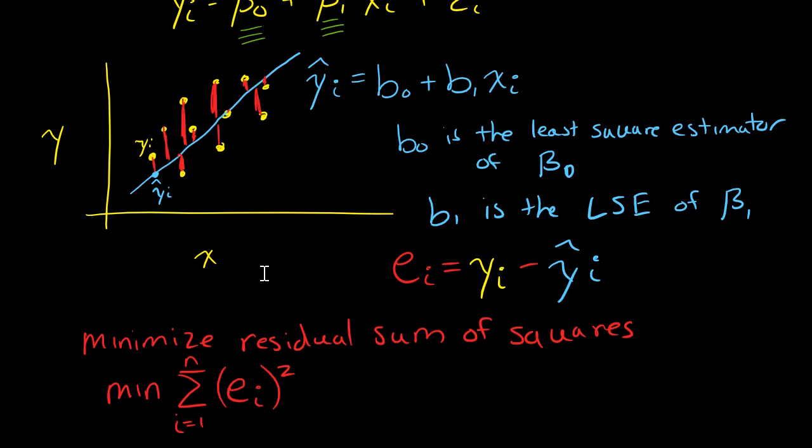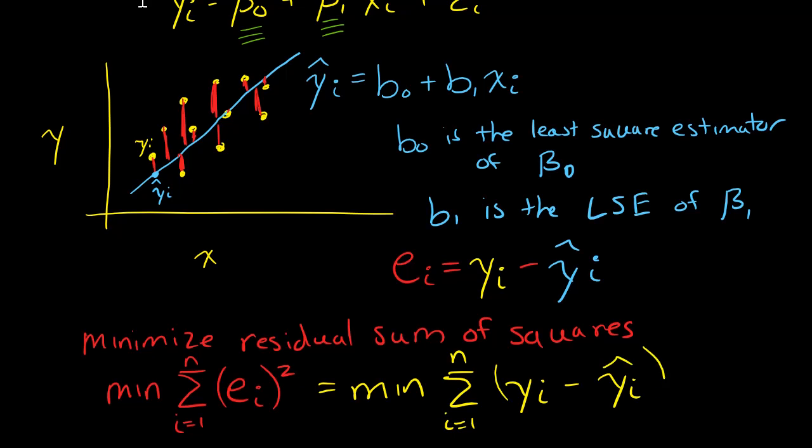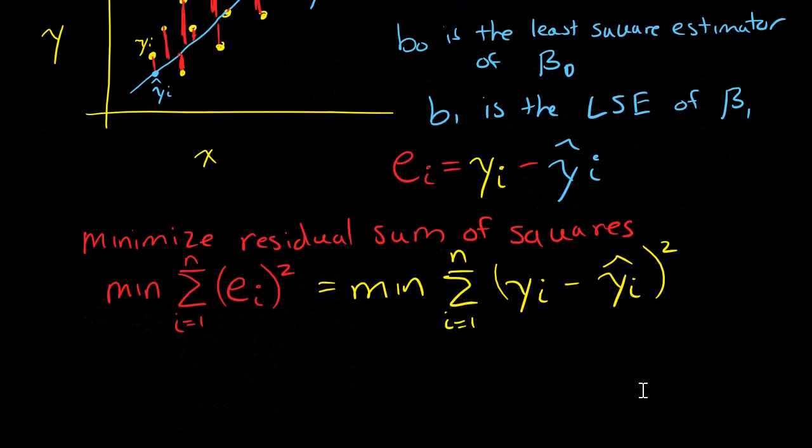Okay, and I could rewrite this, actually let me go ahead and write this as the min of the sum of i equals 1 to n of yi minus yi hat squared, right? That is what the residual is. It is yi minus y hat squared, right?